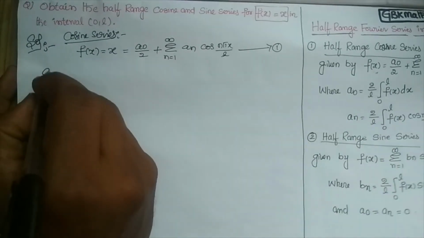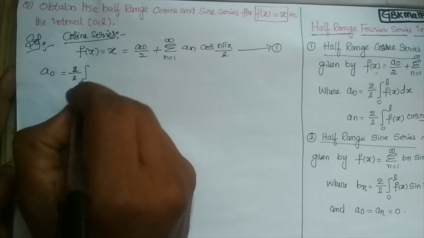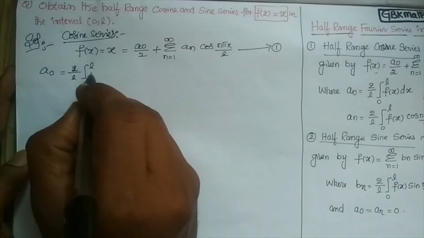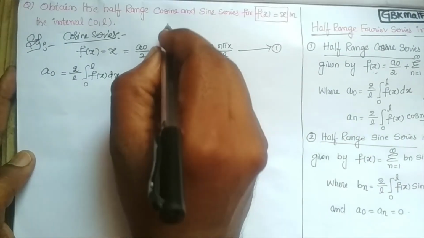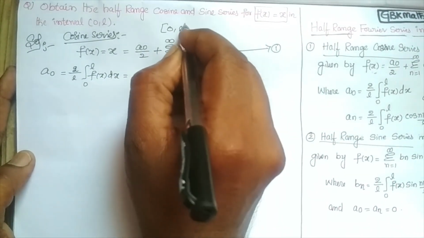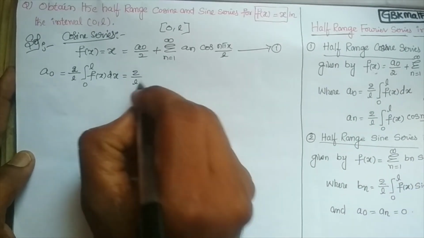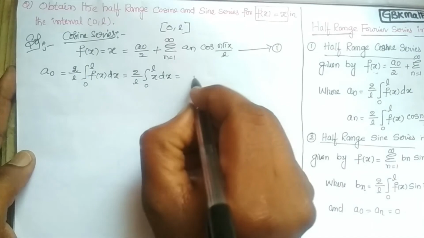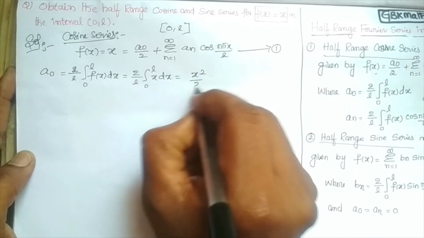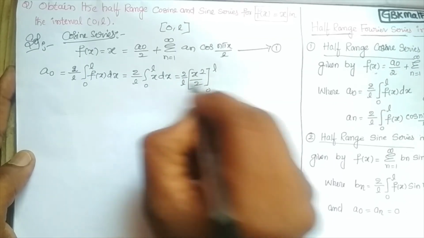Let us go with finding a0, which is 2 by L integral 0 to L f of x dx. In this problem the interval is 0, L. So 2 by L integral 0 to L x dx. The integration of x is x square by 2 from 0 to L, and 2 by L is there.